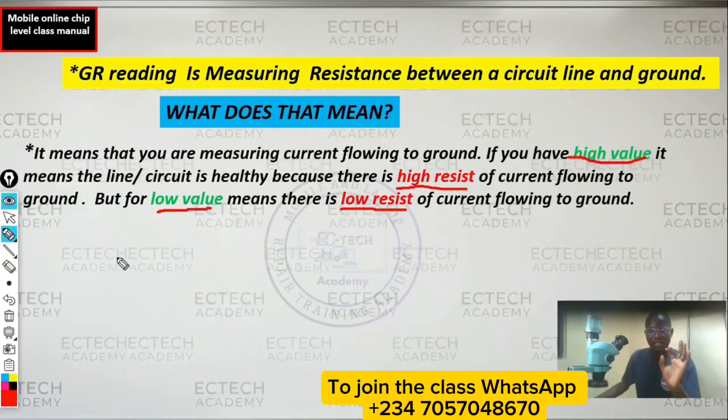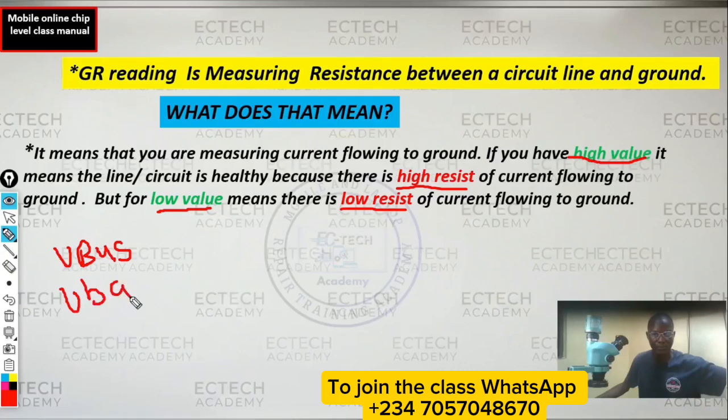Now, in order to make this clear to you, let me use some terms on the mobile phone board. We have VBUS, we have VBAT, we have VCORE. VBUS is the voltage that is coming from our charging port, at most 5 volts.